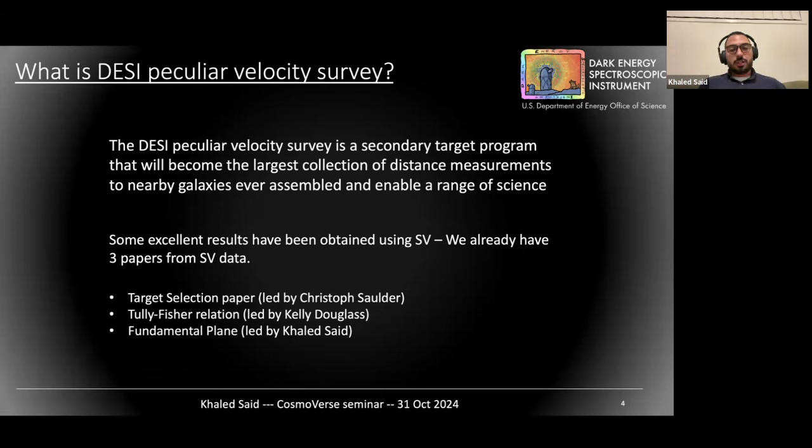The Tully-Fisher paper is led by Kelly Douglas from Rochester. The interesting thing about this Tully-Fisher relation from DESI is that we're using fibers spaced along the major axis of the galaxy to measure the rotation curve. People have either used the H1 double-horn profile, or constructed the full rotation map using bundles of fibers, tens of fibers basically, or used a long slit.